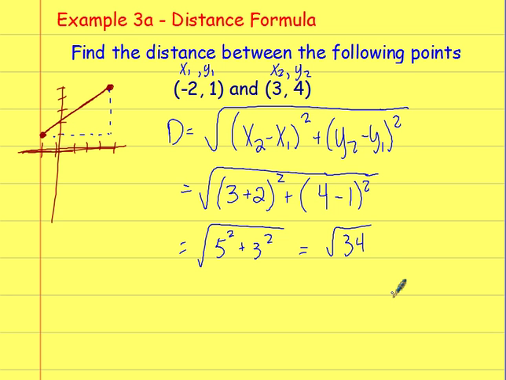So 34, is it divisible by 4? No. Is it divisible by 9? No. By 16? No. By 25? No, obviously that's too big anyway. So then guess what? That's my answer. The distance between those two is the square root of 34.